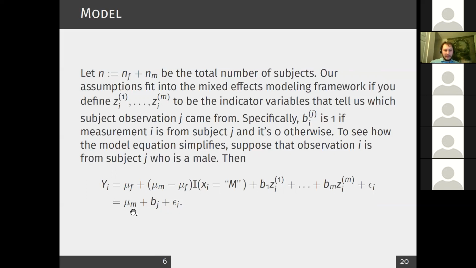Then you've got the male overall expected blood pressure plus the deviation corresponding to subject J, that was a normal draw with mean 0 and some unknown variance that I think I called sigma s, plus some other error that corresponds to just any given blood pressure measurement deviating from the person's expected blood pressure measurement, because that's just how blood pressure works.